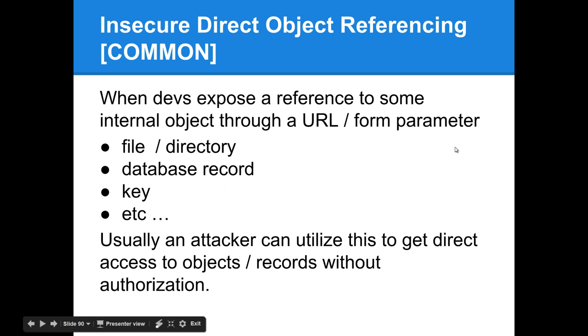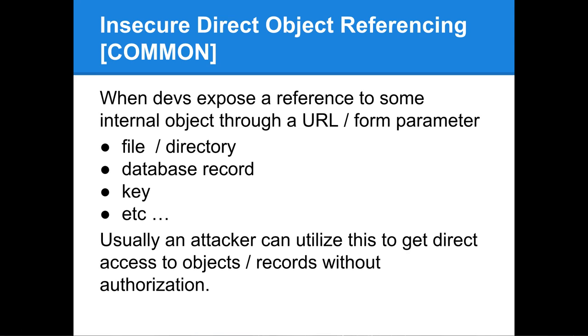insecure direct object referencing. Now, this has some overlap with security misconfiguration, and it occurs when developers of a website expose a reference to some internal object through a URL, form, or parameter.